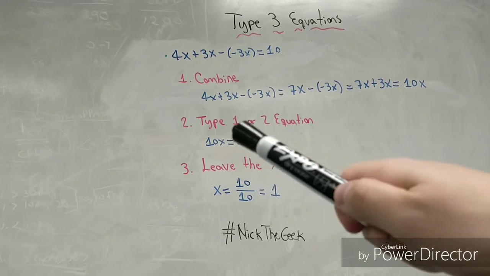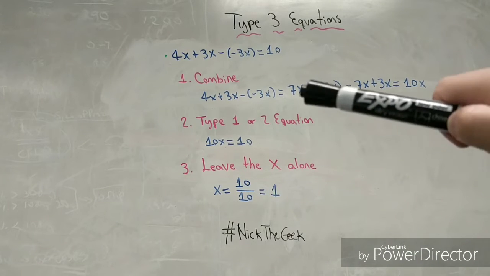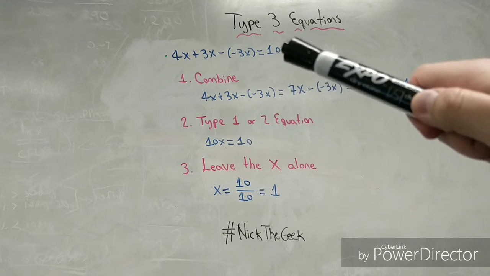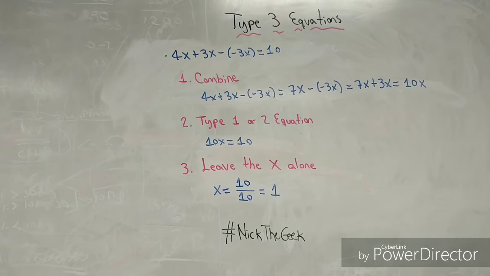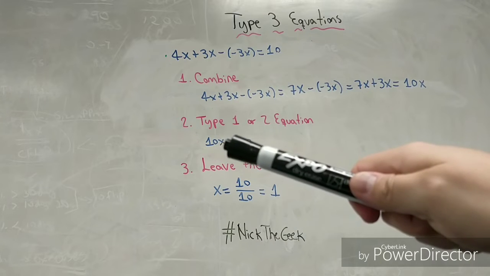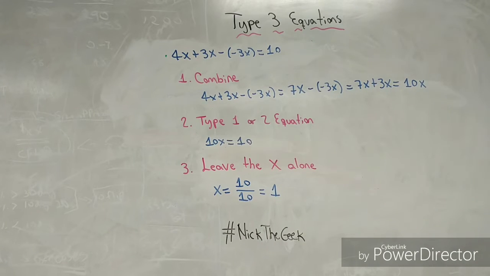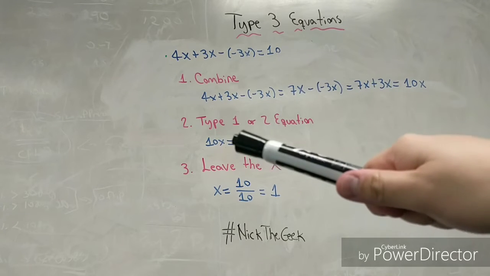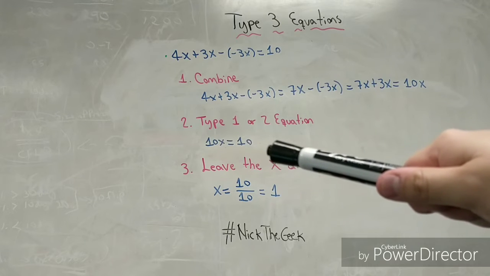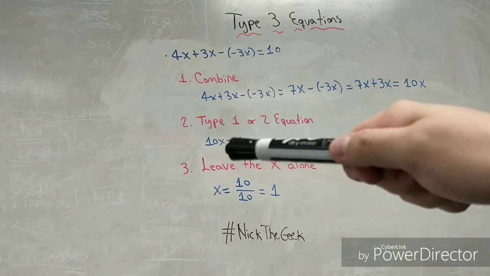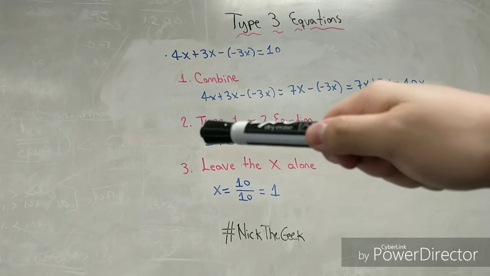As a result, we're going to have a type 1 or 2 equation where we know that 10x is going to be equal to 10. If we want to get rid of the 10 that is next to the x, we can see that the 10 is multiplying the x. So in order to get rid of this 10, we move it to the right side, but we can't make it multiplying because it's already multiplying on the left side.